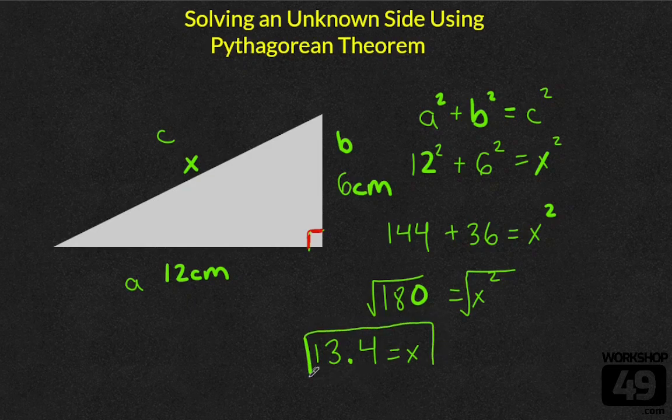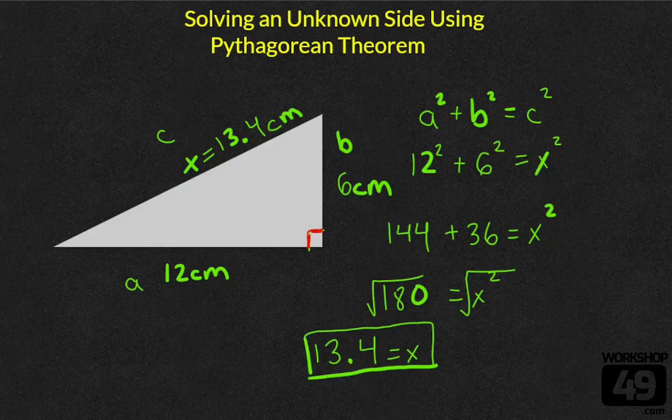And just like that, we have solved this hypotenuse. This x equals 13.4. Don't forget, because in this question we were given units of centimeters, we also want to stay in centimeters.